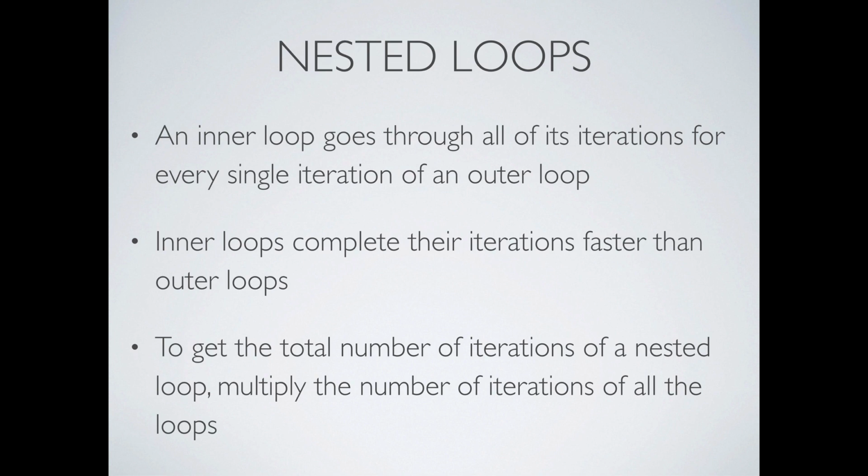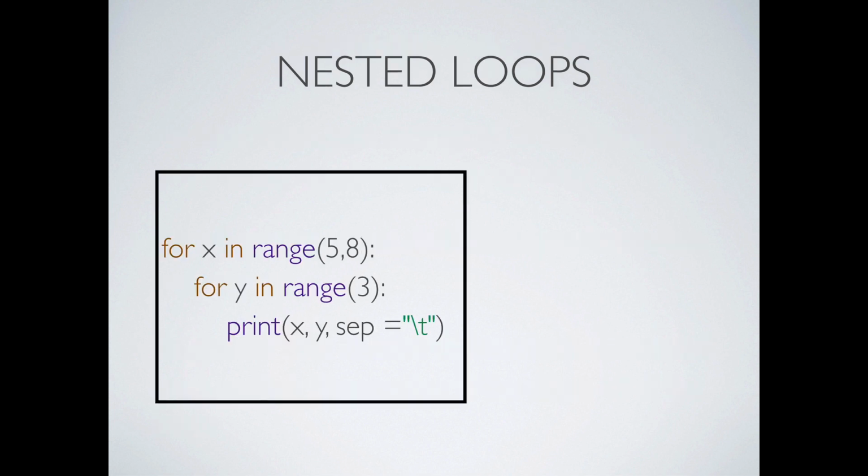Something that's interesting: to get the total number of iterations of a nested loop, meaning the total number of loops going on, you can multiply the number of iterations of all the loops. We see that in this example, right? We have two nested loops, and every time we had to iterate for x, you can see 5, 5, 5.